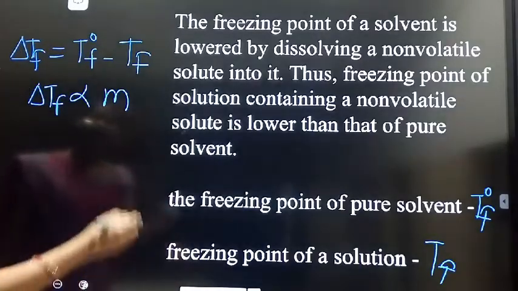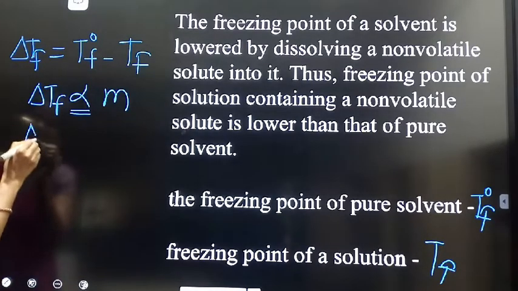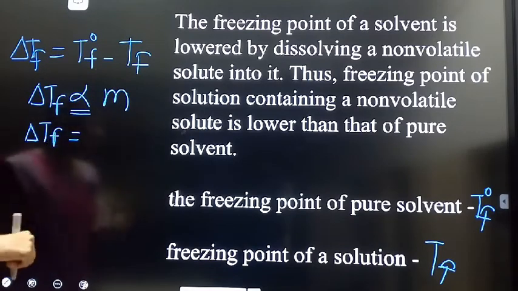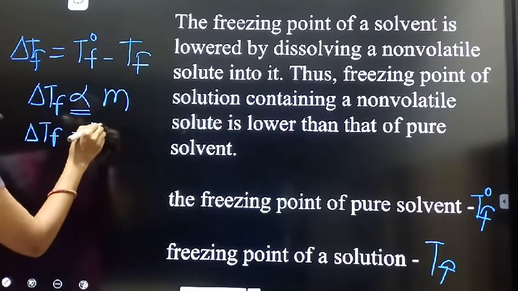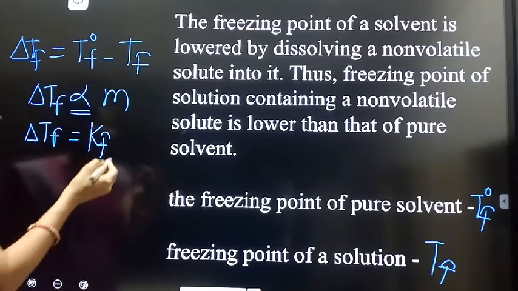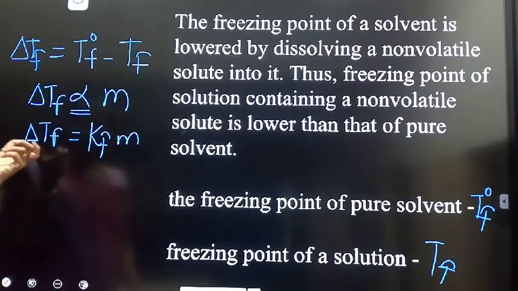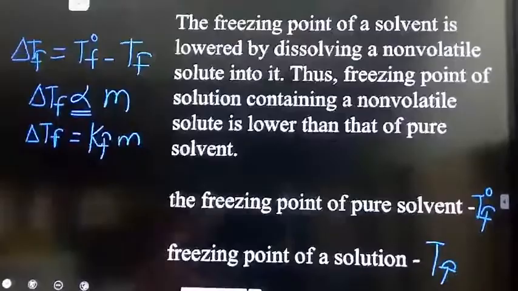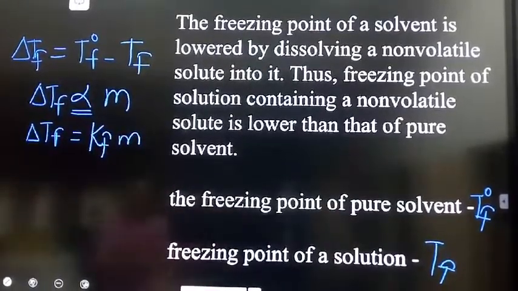And therefore, if we remove the proportionality sign, there is a constant called the proportionality constant for depression in freezing point, called Kf.